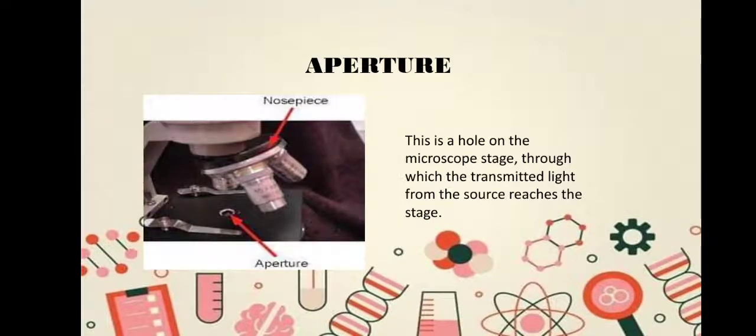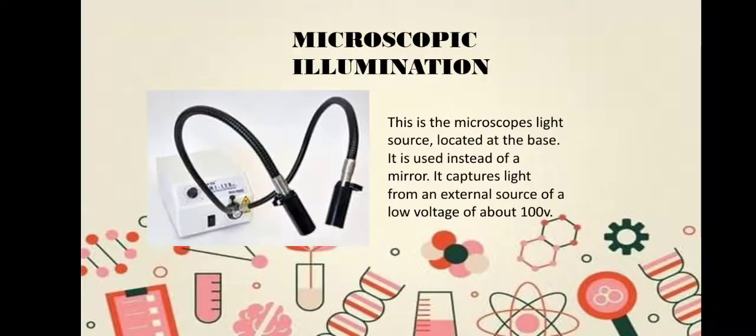Aperture. This is a hole on the microscope stage through which the transmitted light from the source reaches the stage. Microscope illuminator. This is the microscope light source located at the base. It is used instead of a mirror. It captures light from an external source of low voltage, at about 100 volts.